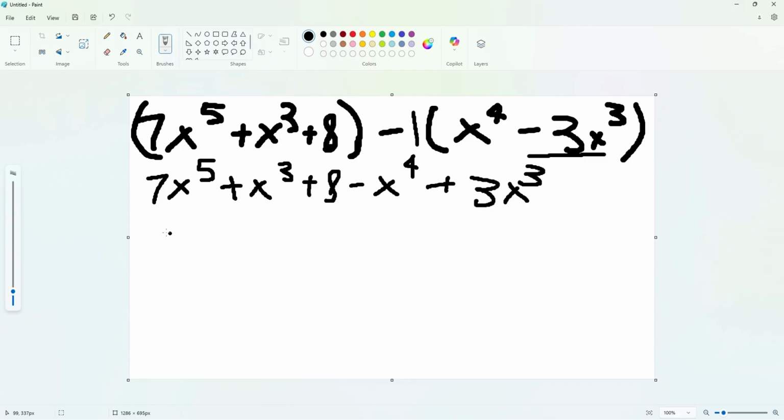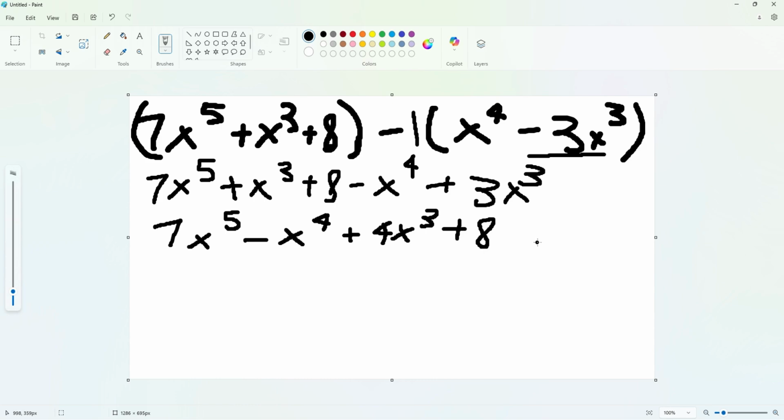Now we're going to add the like terms. We have x to the 5th, then we have minus x to the 4th, then we have plus 4x to the 3rd plus 8. Alright, now this is in order from greatest to least.